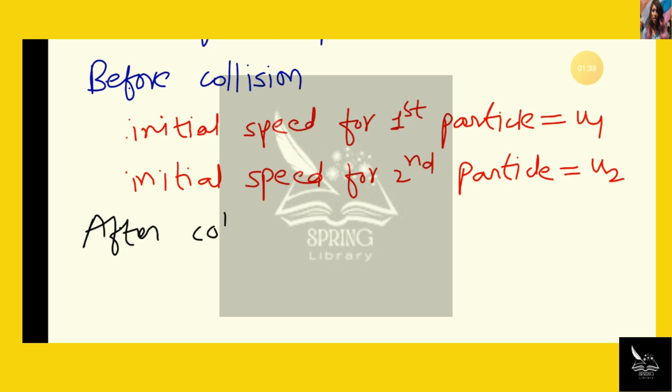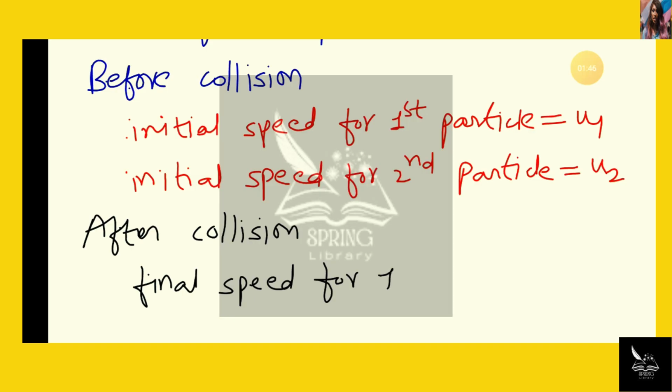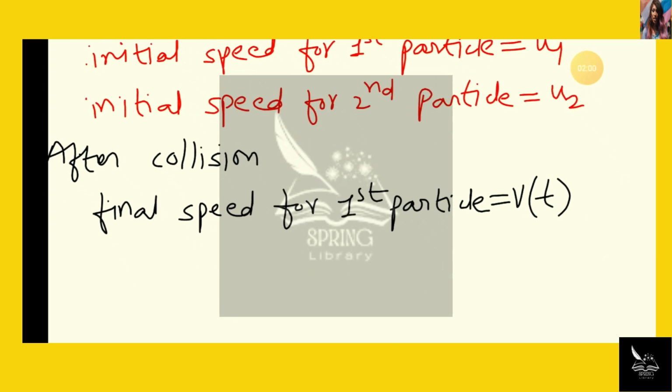After collision the final speed v1 is given as a function of t, with the equation v(t) = u1 + (t/Δt)(v1 − u1).